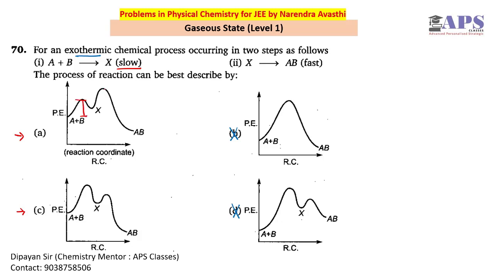So if you compare the activation energy for option A, these two activation energies are more or less similar. But if we compare for option C, obviously activation energy 1 is much greater than activation energy 2. So the first reaction is slow and the second reaction is fast, and obviously this option C is an exothermic chemical process also. So option C will be the correct option.